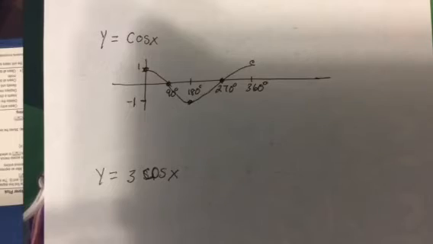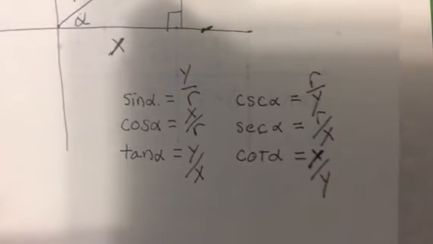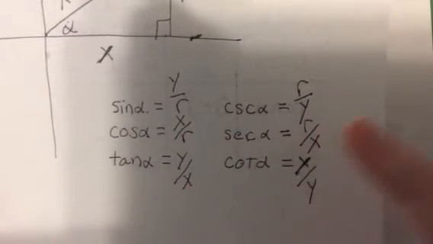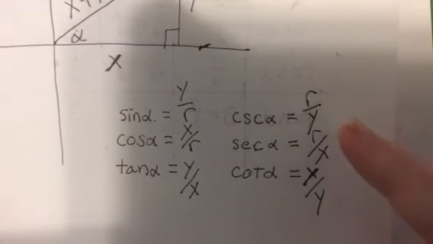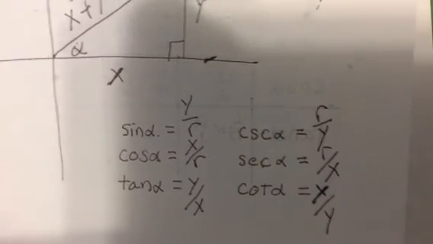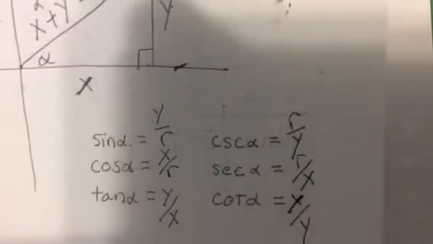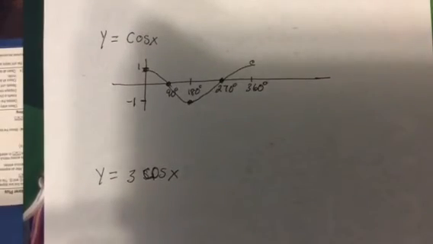I have no idea where I put it. Oh, here it is. Sine is y over r, cosine is x over r, tangent is y over x. That's an x, by the way. That's an x over y. So you may use those.